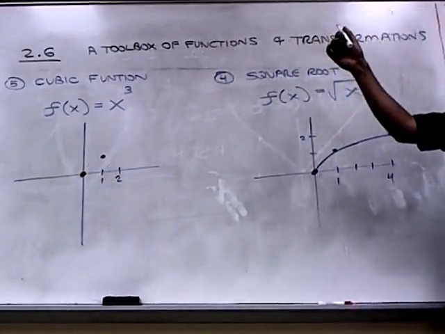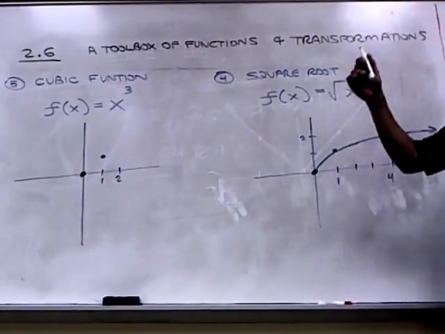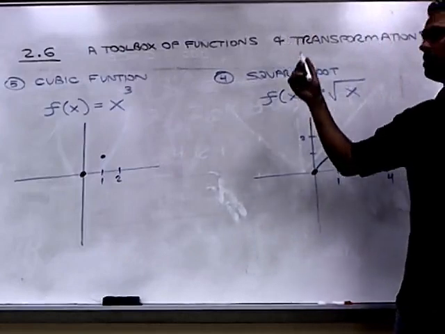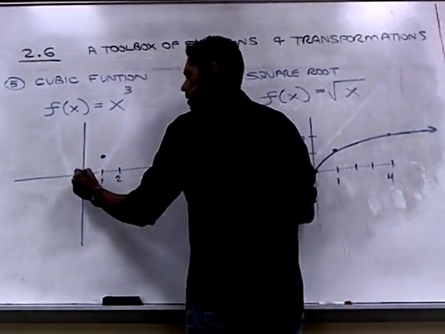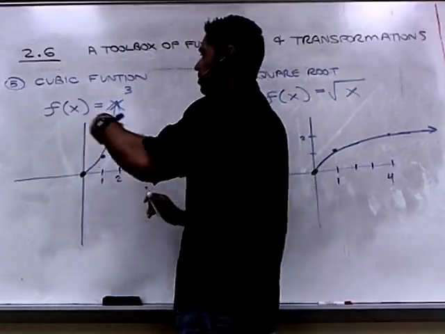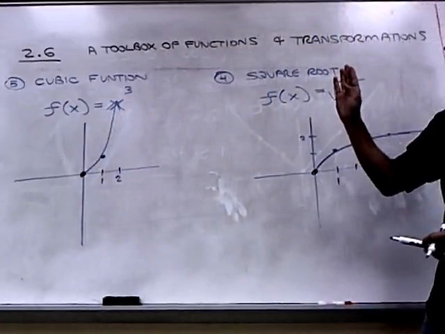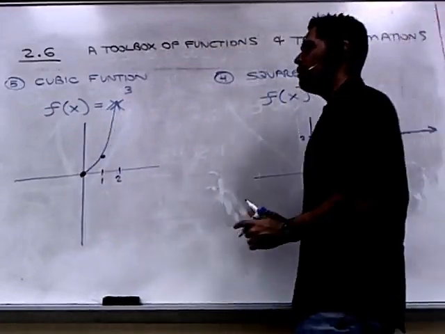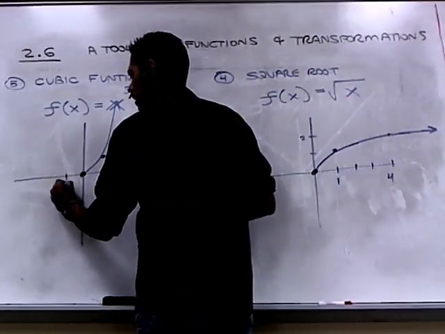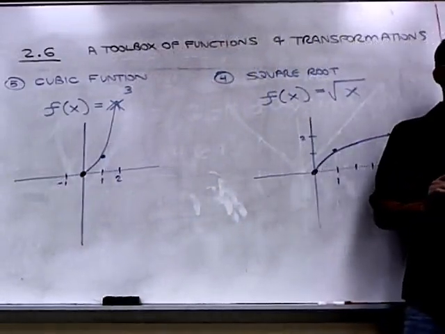It's way up there, right? 3 cubed, 27, right? 4 cubed, 64. So, I mean, you start taking off pretty quick. So it looks a lot like a parabola, or like the squaring function, but it grows extremely fast. And what if I plug in negative 1? A negative times a negative times a negative, right? When you do it 3 times, it stays negative.